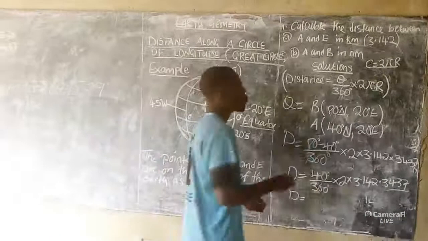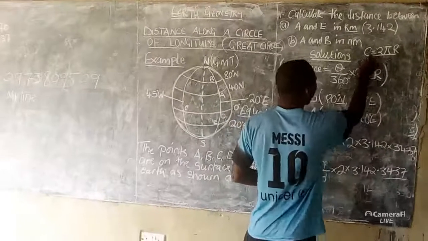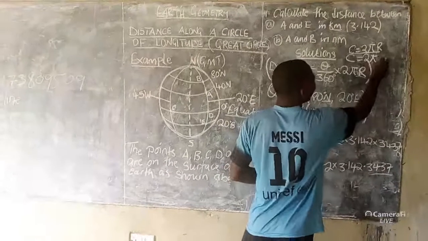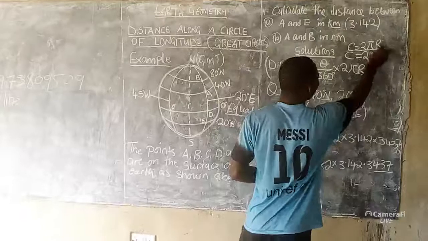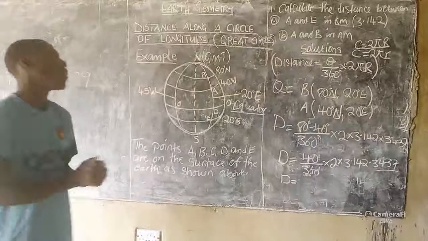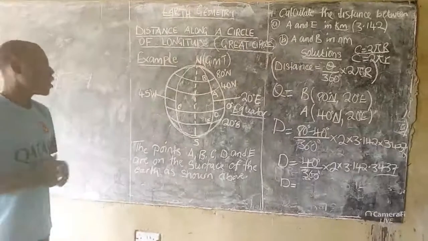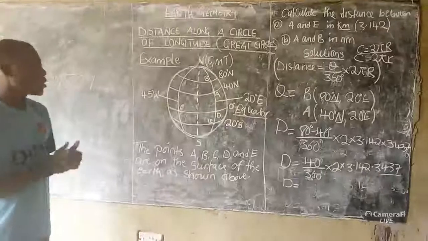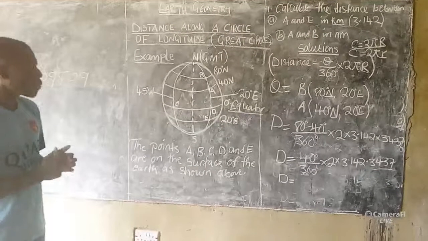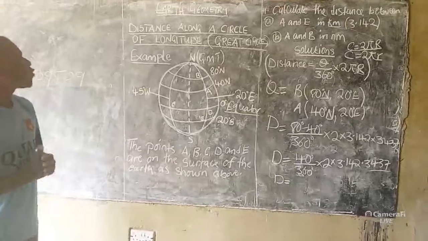The small circle circumference is 2 pi r, with small letter r. The great circle one must be capital letter R. This is how we calculate the circumference of the circle. You have to be provided with that formula.